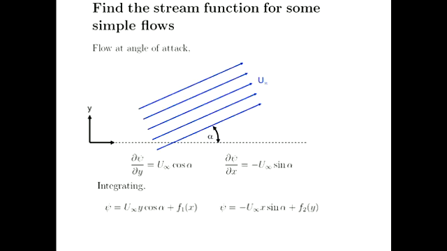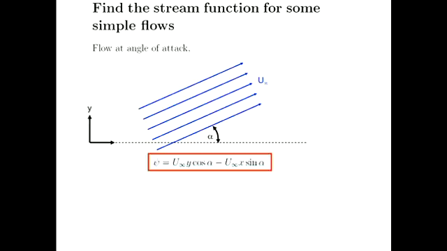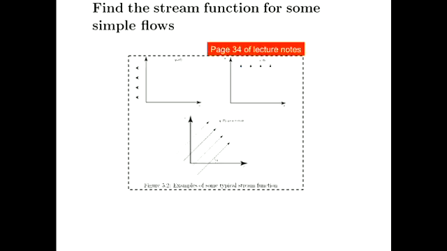So we've got these two simultaneous equations that we're trying to make compatible, okay, through those unknown constants of integration. So we end up with a simple expression for the stream function for this flow that's at an angle of attack, all right?